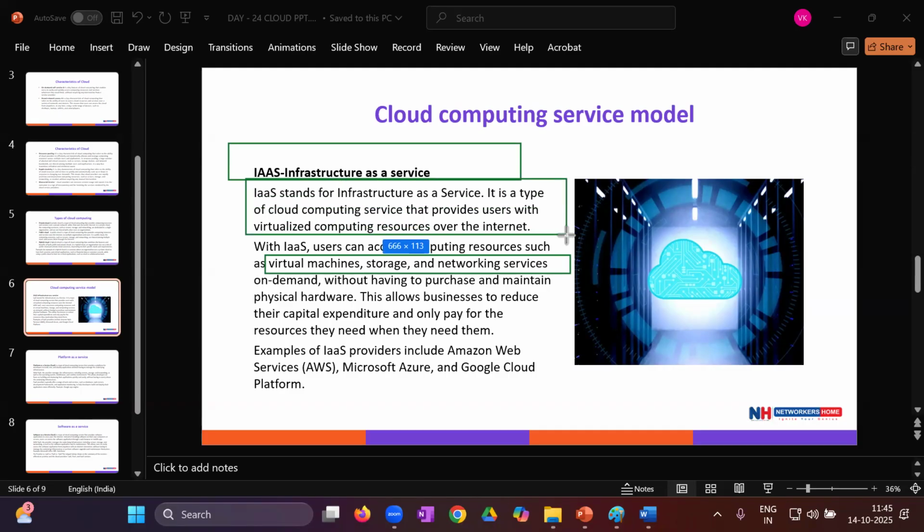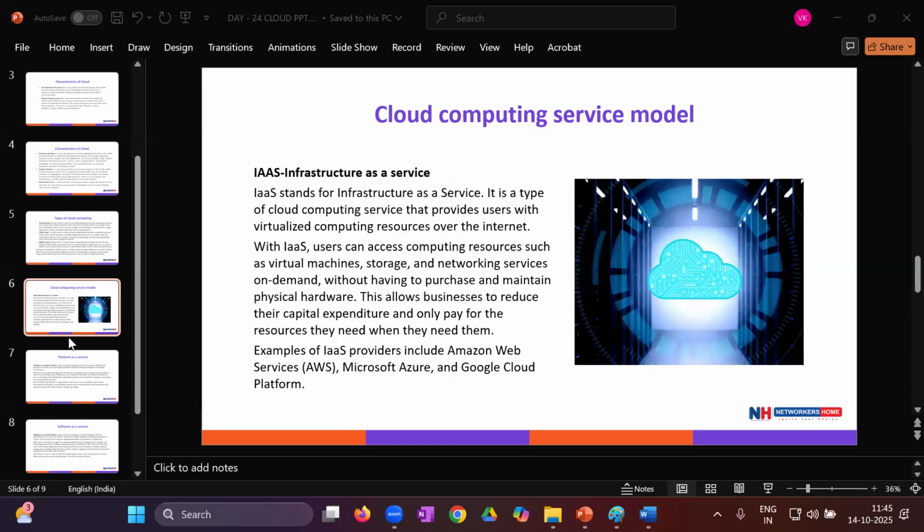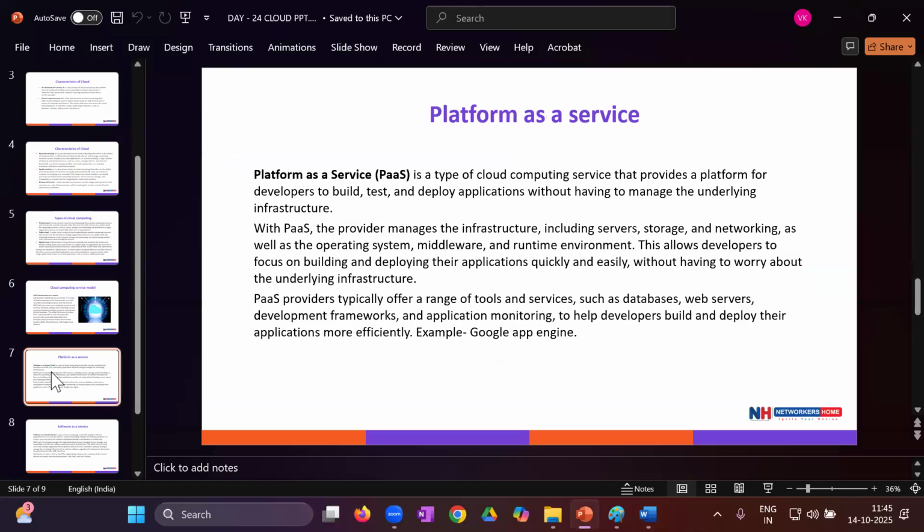It is a type of cloud computing that provides users with virtualized computing resources over the internet. The name itself suggests it is infrastructure. Then what do we have?